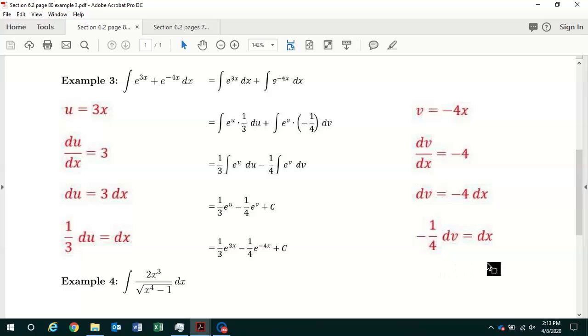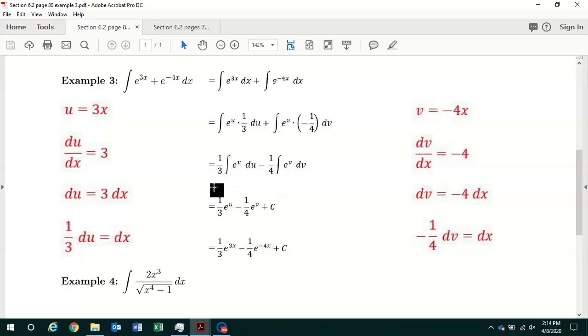So substituting into this second integral, I replace the minus 4x with v, and I replace the dx with minus 1/4 dv. The minus 1/4 is a multiplicative constant. It can come out from the integral sign, and I have minus 1/4 times the antiderivative of e to the v with respect to v.